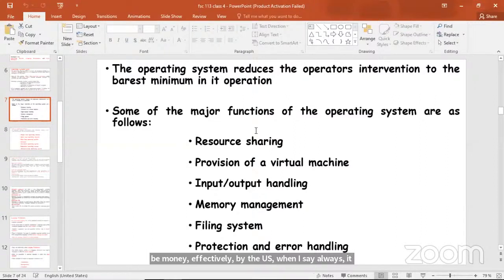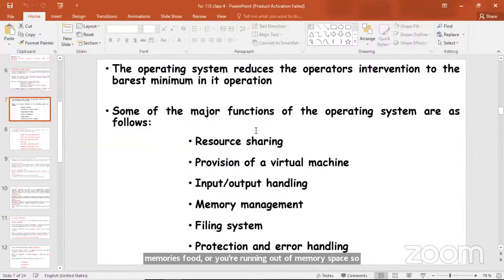Then provision of virtual machine. Now, there are times where your memory may run out, right? So the computer system can create a special memory or a special operating capability that may be an extension of your computer system while you sort out your memory issues, or maybe your memory is full or you are running out of memory space.